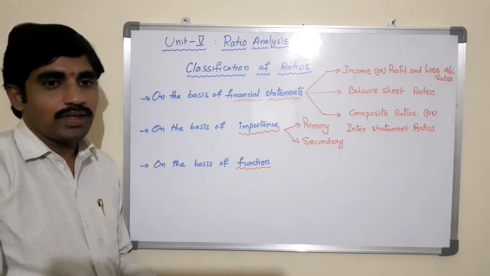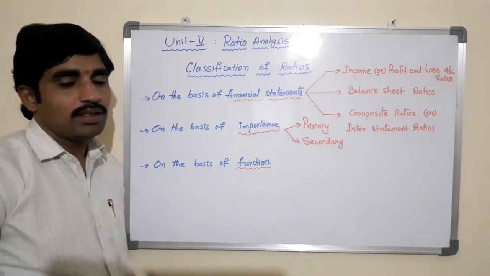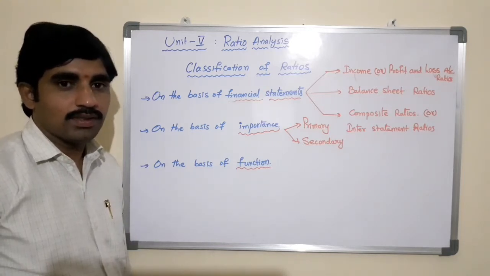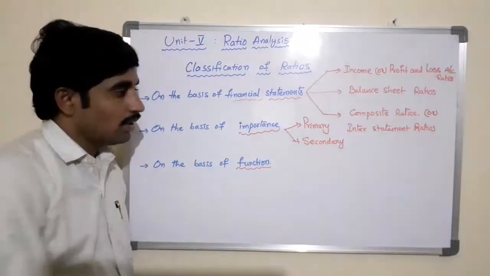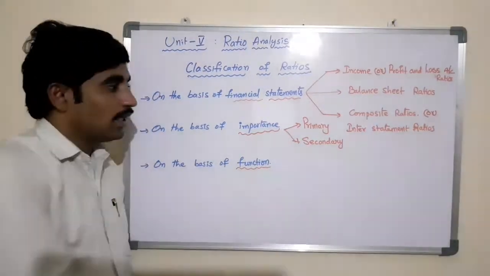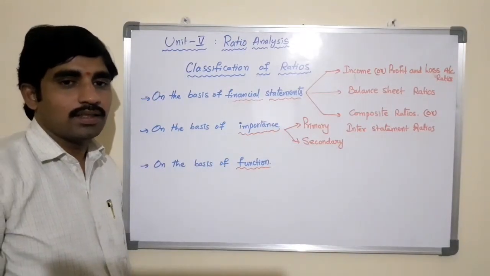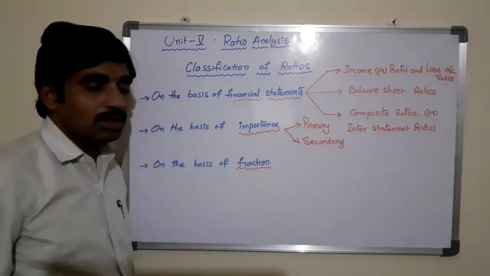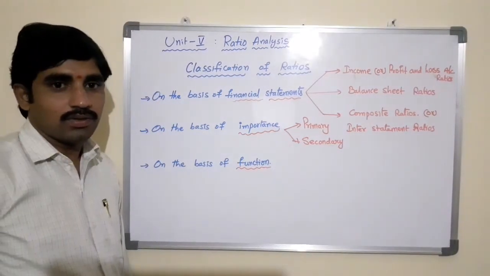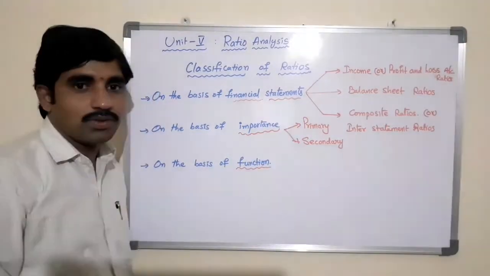These ratios are very crucial and play a very significant role in taking business decisions. Secondary ratios are those other than the primary ratios. Whatever other ratios we calculate all come under the secondary ratios.